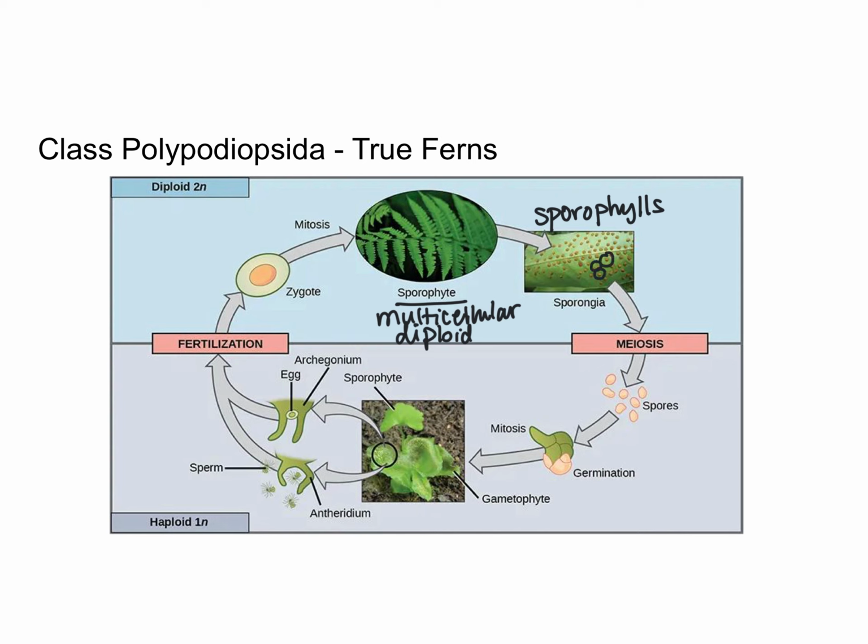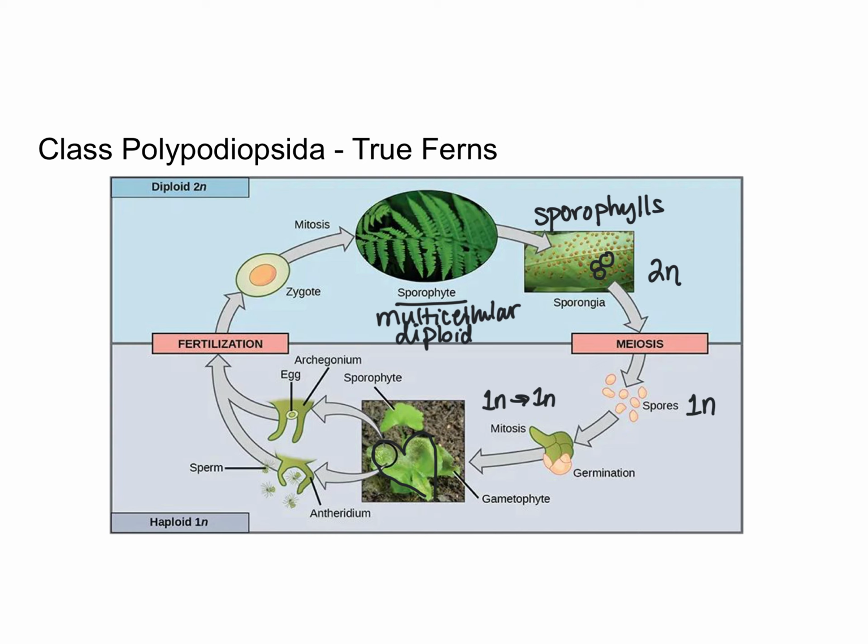Within the sporangia, meiosis occurs, because remember that the cells in the sporangia are diploid, but the spores are haploid. Those spores can then go through germination, where they go through mitosis and create more haploid cells to form the gametophyte. And the gametophyte has this kind of heart shape to it.